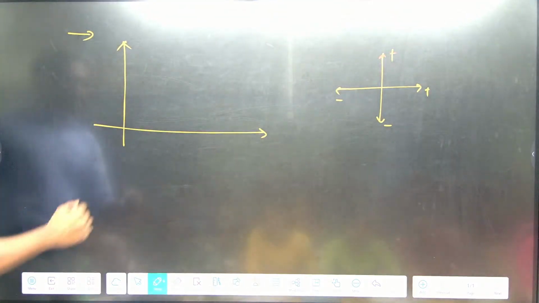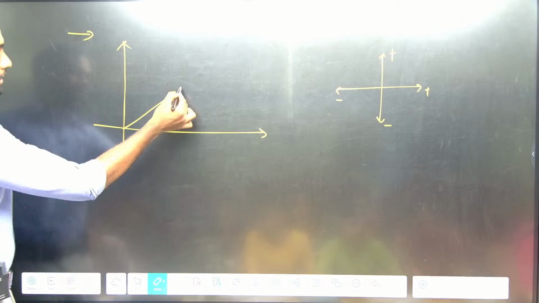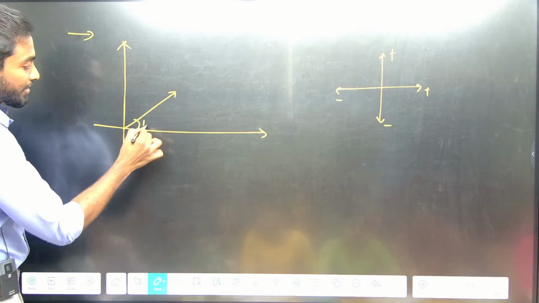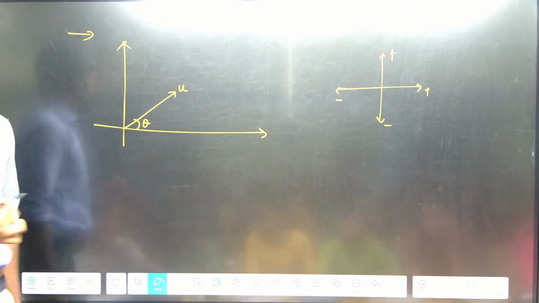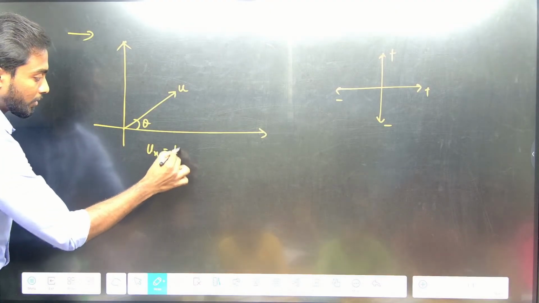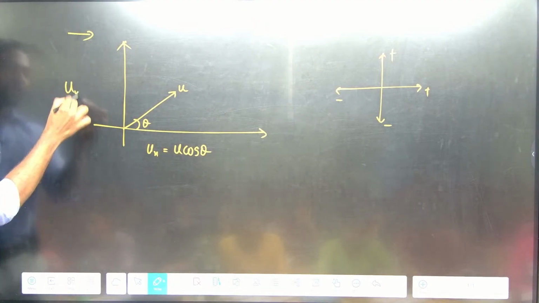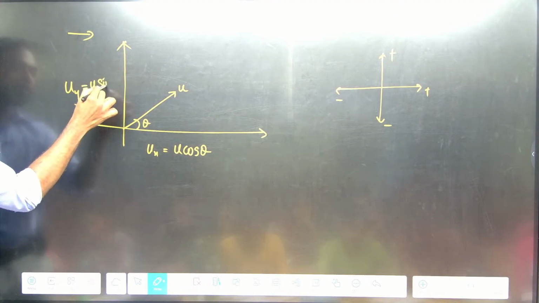Now I am throwing the object with respect to the x axis with velocity u. Then what will be my ux? u cos theta, and uy is u sin theta.